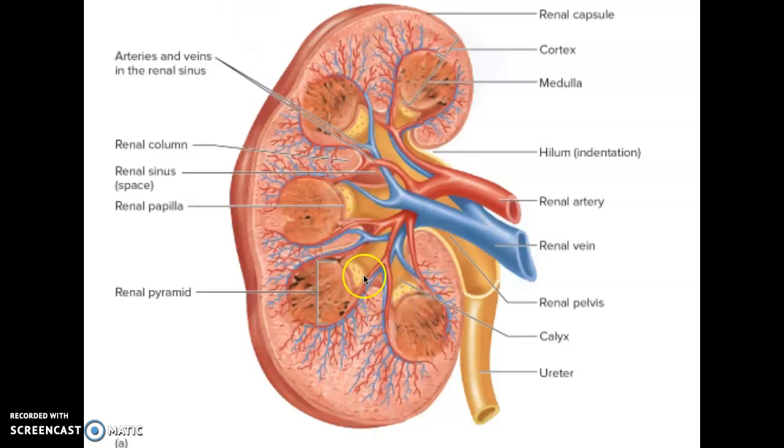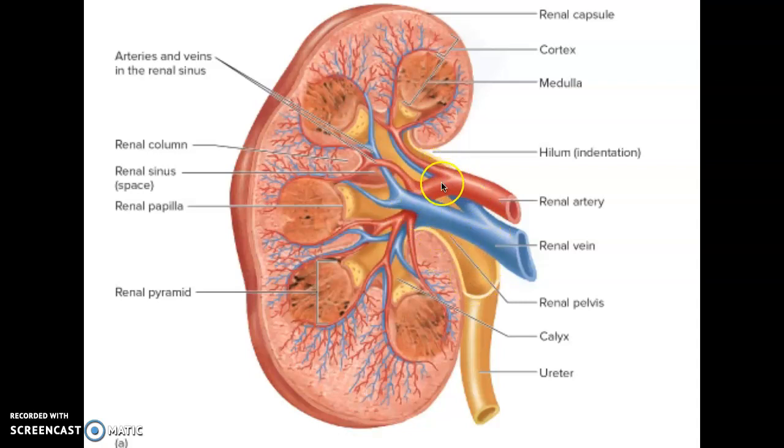Then we have these cups, usually between 3 and 8 in each kidney. They are called calyces, and we have minor calyces like this two, like this two, like this one, and these are major calyces down here, and they are draining the urine to this space in the hilum of the kidney called the renal pelvis.